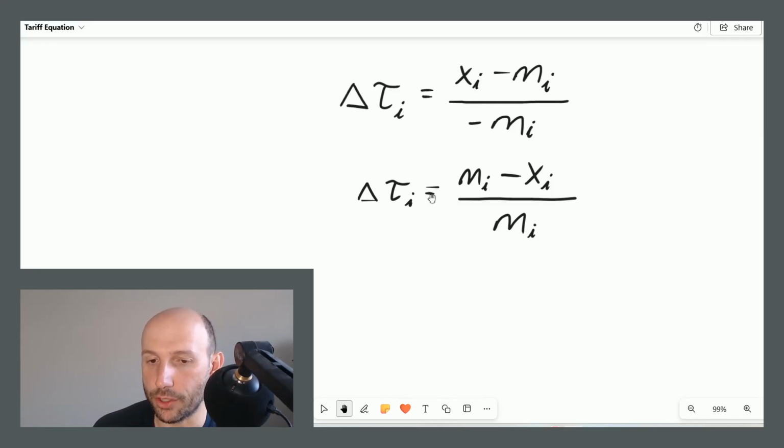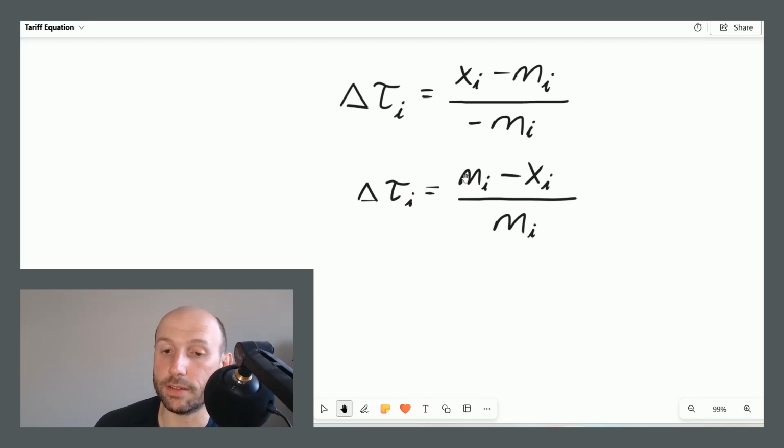So what this equation is, is the trade deficit as a proportion of total imports. Okay, so if the trade deficit is 50% of total imports, well then the change in tariff rate would be 50%.